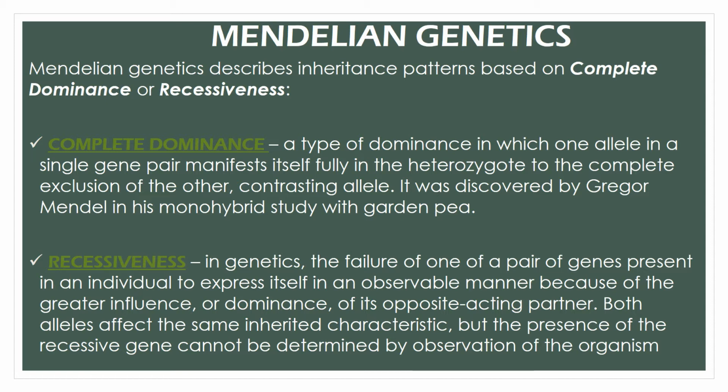For recessiveness, in genetics, it is the failure of one of a pair of genes present in an individual to express itself in an observable manner because of the greater influence or dominance of its opposite acting partner. Both alleles affect the same inherited characteristic, but the presence of the recessive gene cannot be determined by observation of the organism.